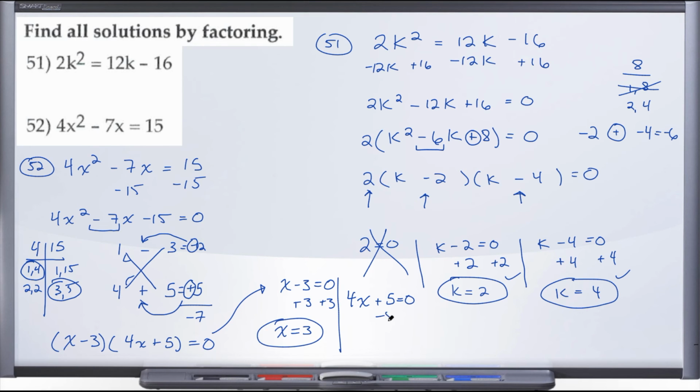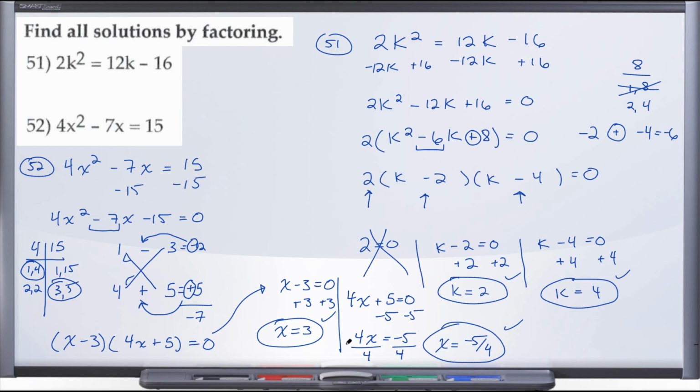Here on the right, we subtract 5, so we have 4x equals -5. Divide by 4, divide by 4, and so x equals -5/4. All right, and there you have it. We have factored and solved this equation completely.